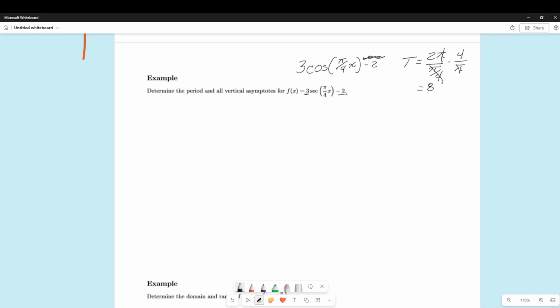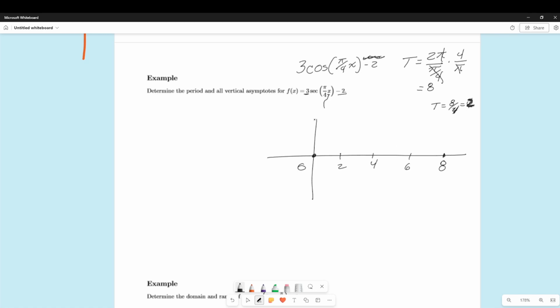I'm not really concerned about the amplitude and the midline because we're not asked about those, but we certainly could draw them if we wanted to. But we know there's no phase shift, so we know this thing's going to start at 0 and has a period of 8, which means if we divide it into its quarters, our quarter periods are length 2, so at 2, 4, and 6.